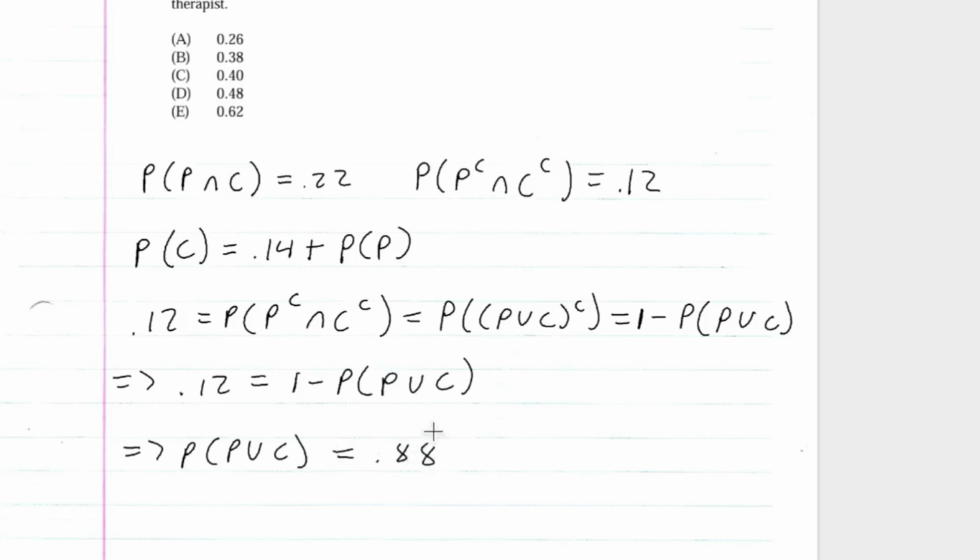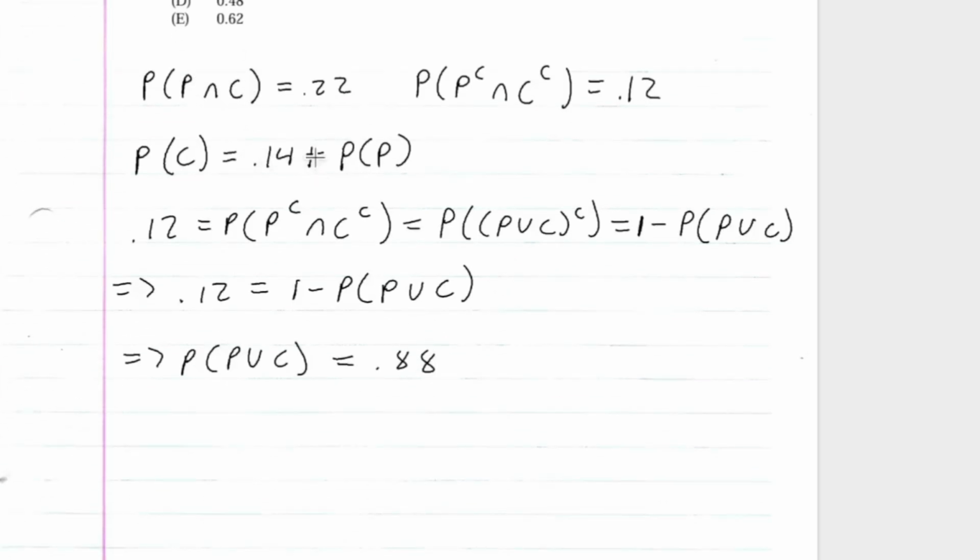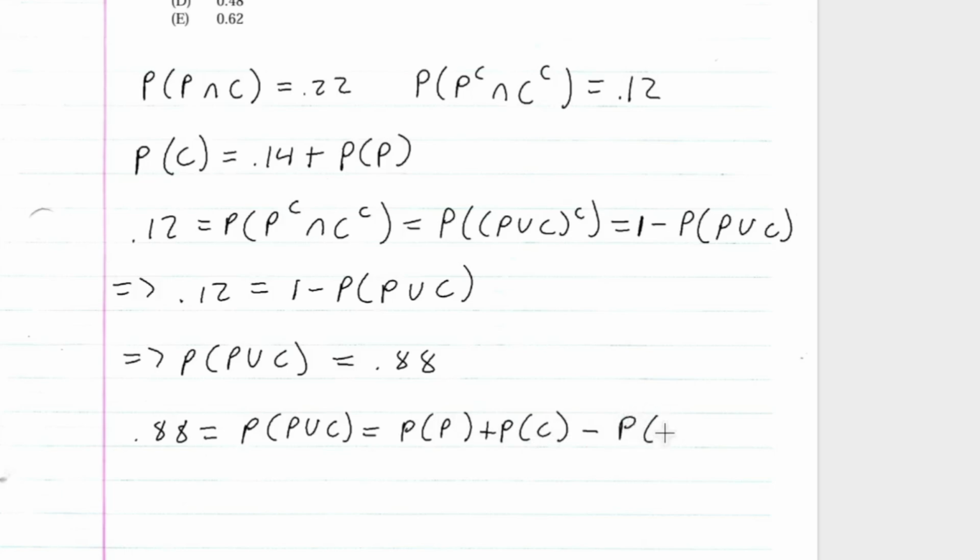All right, so now I have the intersection. So the good thing about this is I know 0.88 is equal to the probability of P union C, which is equal to the probability of P plus the probability of C minus the probability of P intersection C, right?